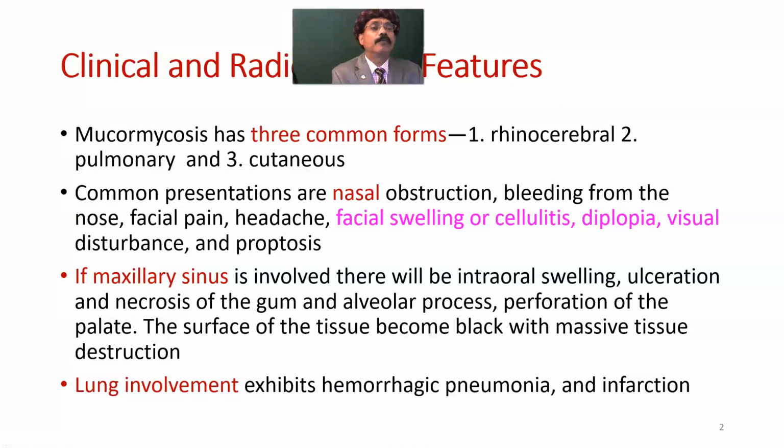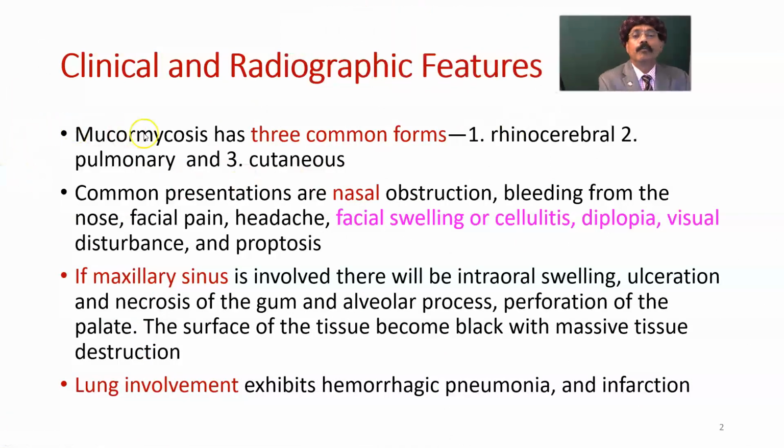Clinical and radiographic features. Mucormycosis has three common forms: rhinocerebral, which involves the nose, especially the maxillary sinus, palate, and orbit, and may go to the brain and involve the meninges; pulmonary, involving the lung; and cutaneous.